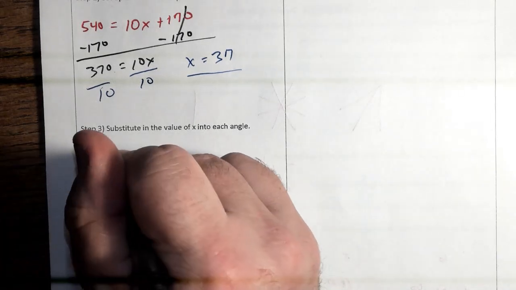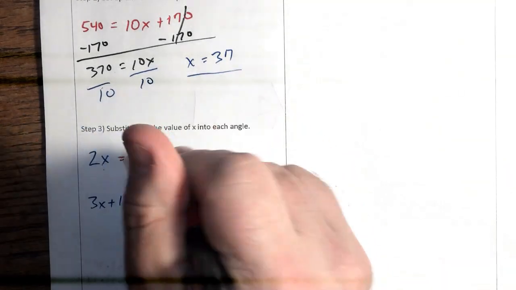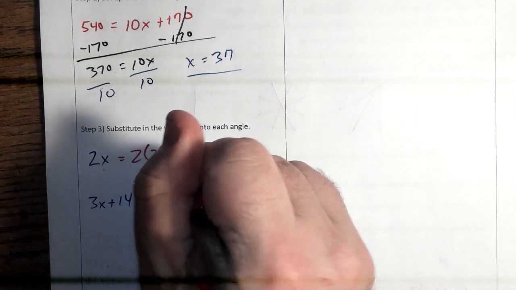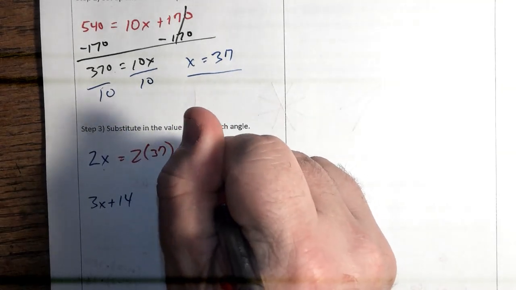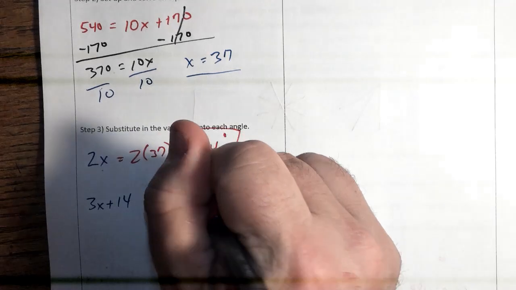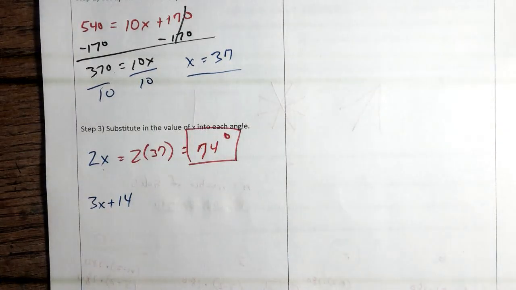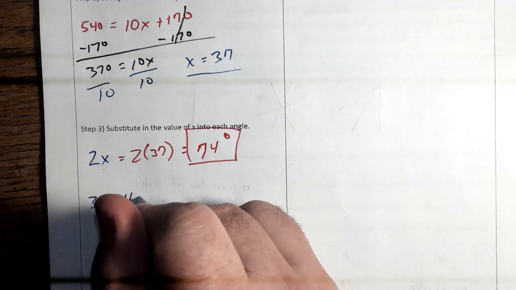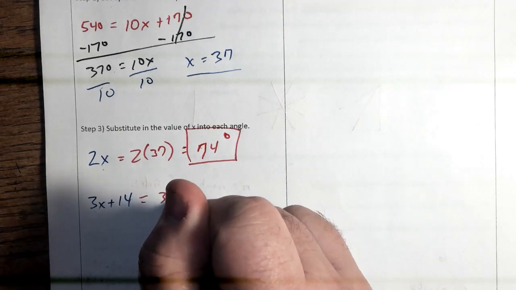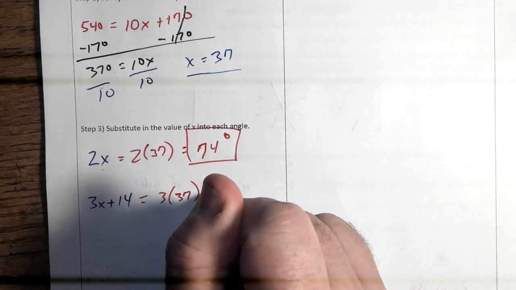So 2x is going to be 2 times 37, which is 74. So the 2x angles are both 74 degrees. Now our 3x plus 14 is 3 times 37 plus 14.